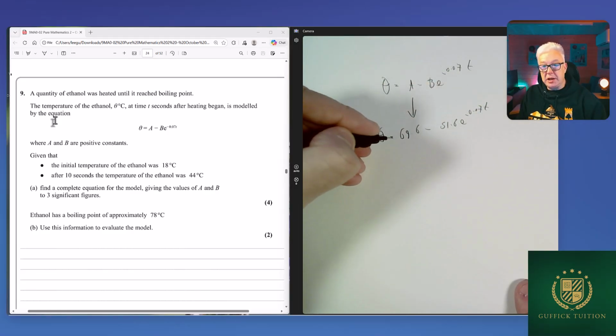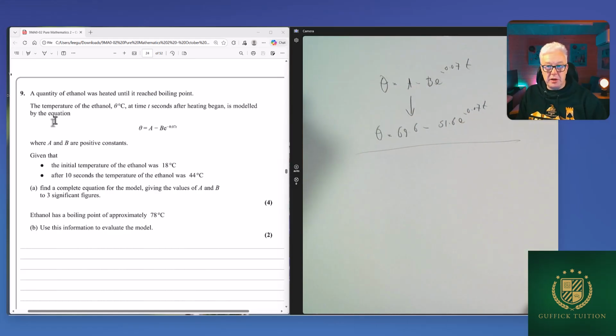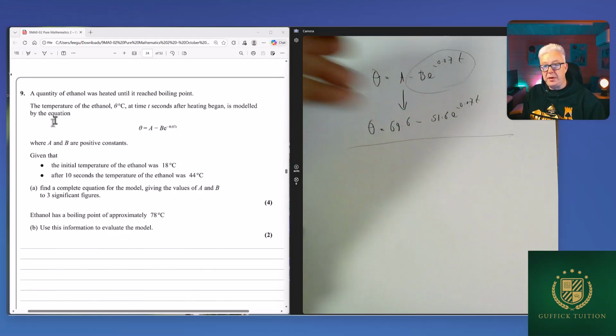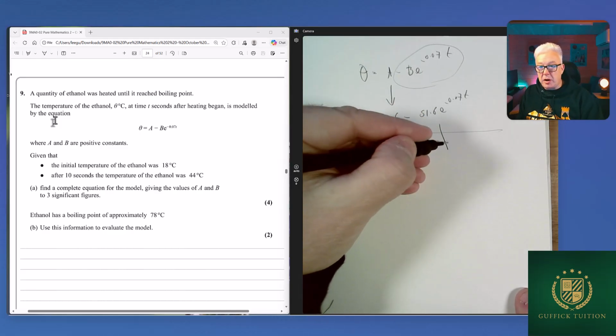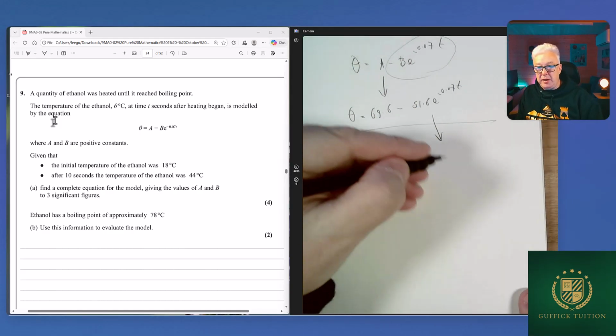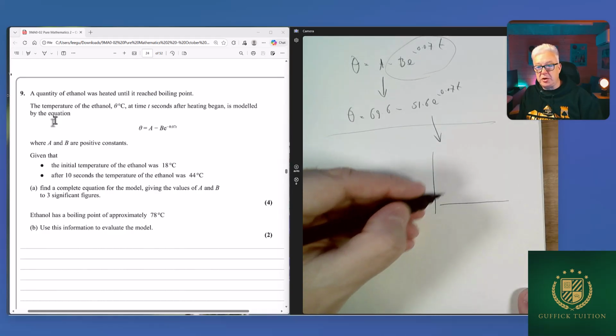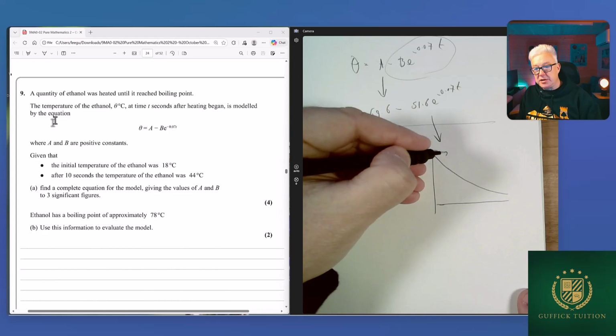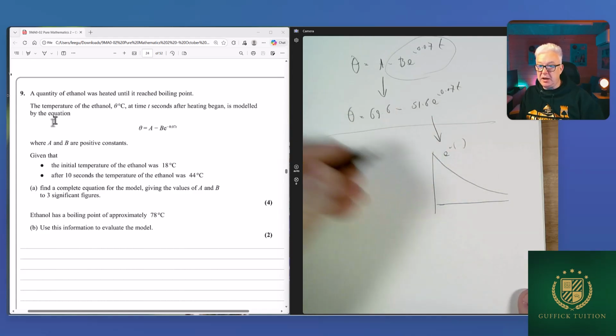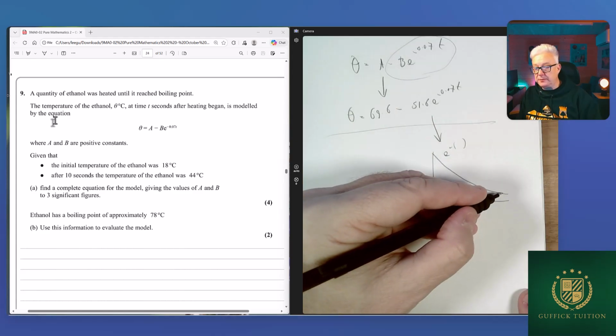Now, honestly, I tell you, if I had a penny for every time this idea has come up in an A-level paper, wow, I'd have a few p, I tell you. So basically what we've got going on here, this is such a key idea is what I'm trying to say. We've got here a negative exponential. So when you've got e to the minus something, this is the shape of the curve.